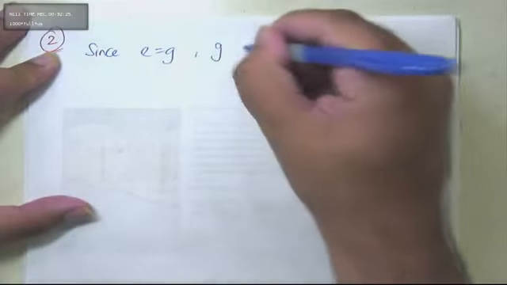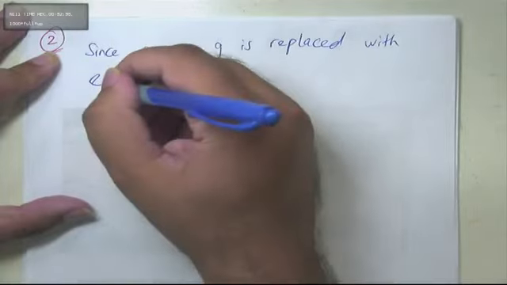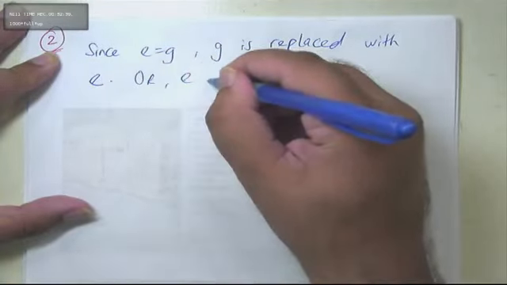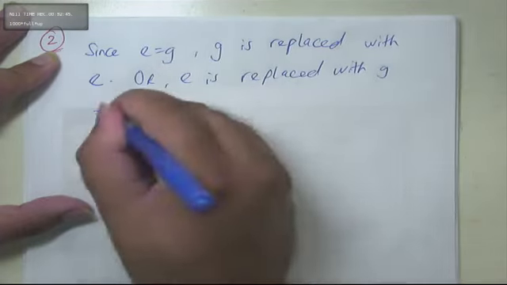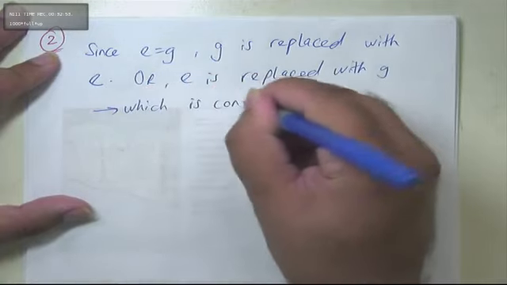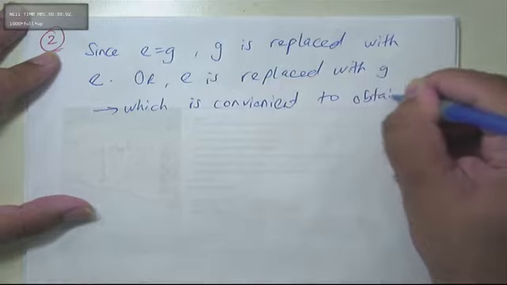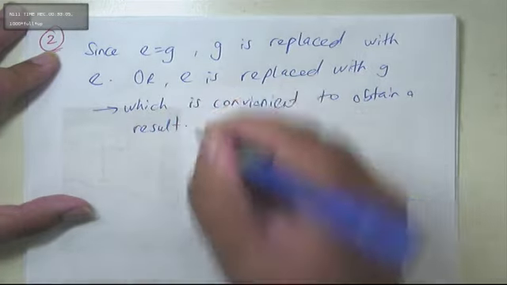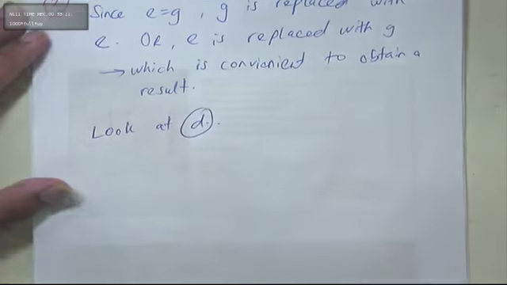Now, remember, since E is equal to G, G is replaced with E, or another way of saying it, E is replaced with G, whichever is convenient to obtain a result. Now let's look at D.